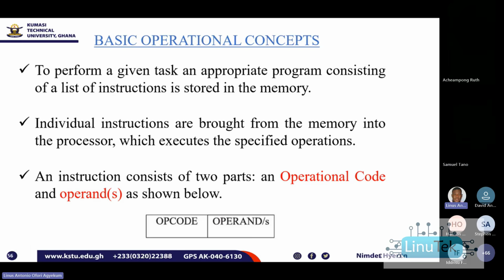So you normally have an instruction, be it a machine instruction, an assembly language instruction, or any of the higher level language instructions, would normally have two parts. That is the opcode and the operands.